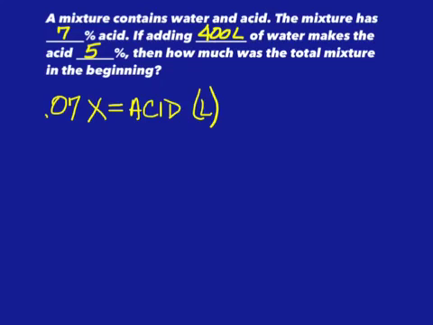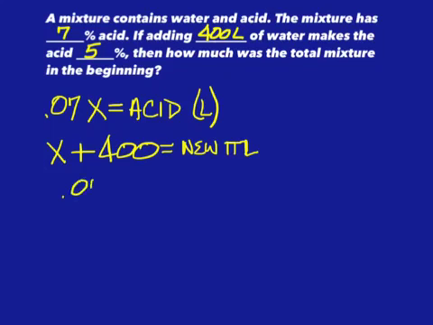Now we want to find out what the new total is. Well, the old one was x. We don't know it. But if we add 400 liters of water to it, that will give us our new total. Now, as before, to find out what the percent is, you would divide 0.07x by x plus 400.